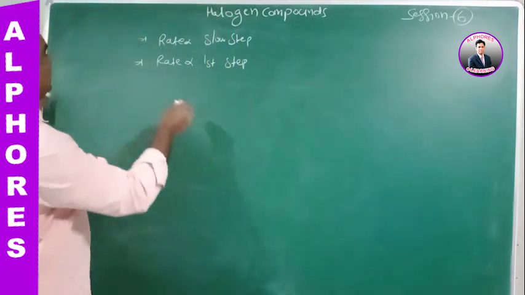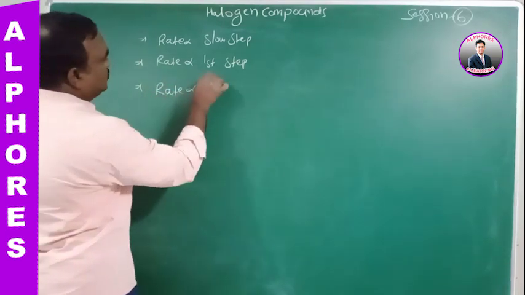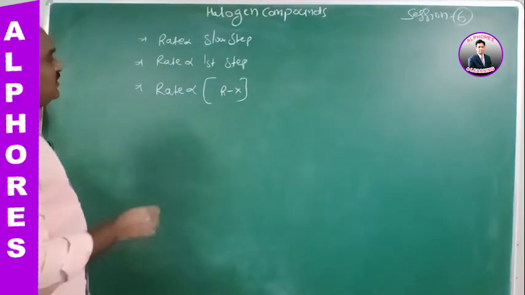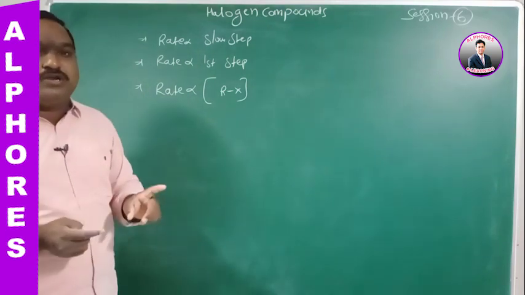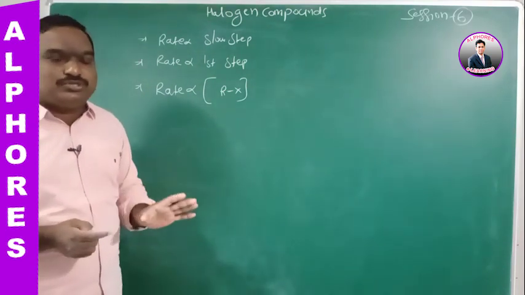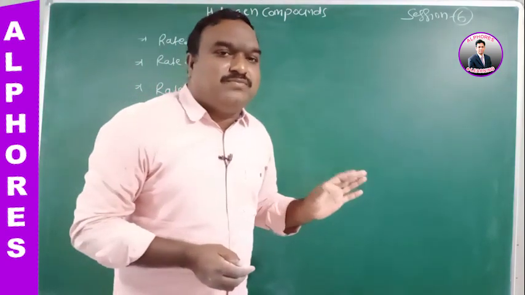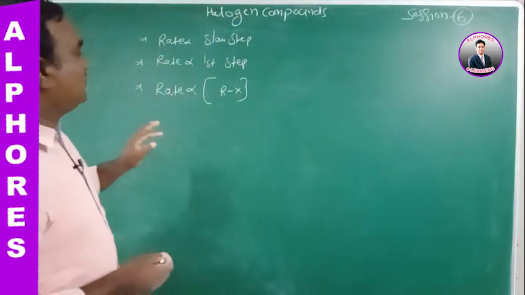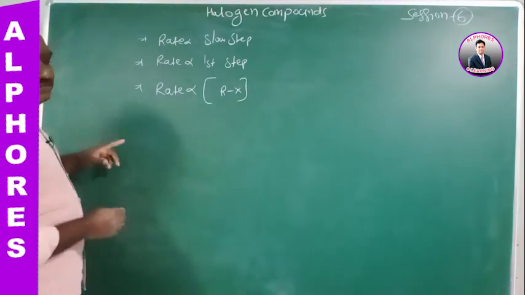The rate is directly proportional to alkyl halide, but does not depend on the incoming nucleophile. So the rate is directly proportional to RX only.